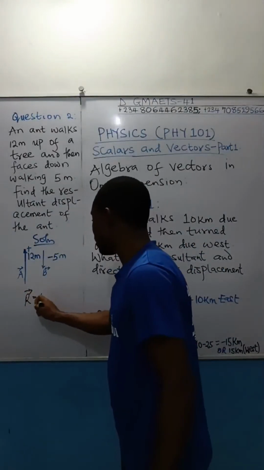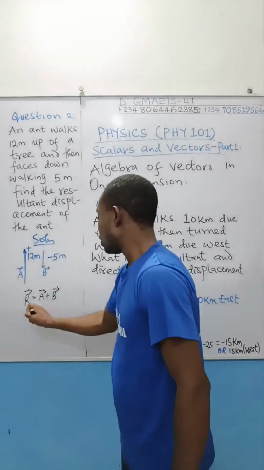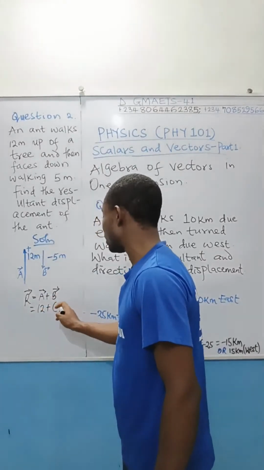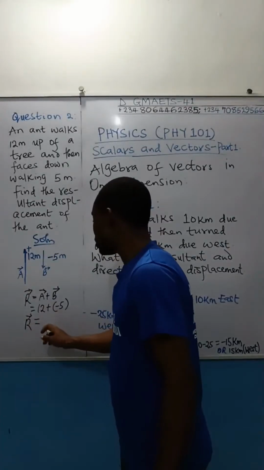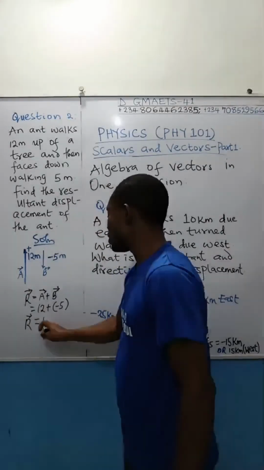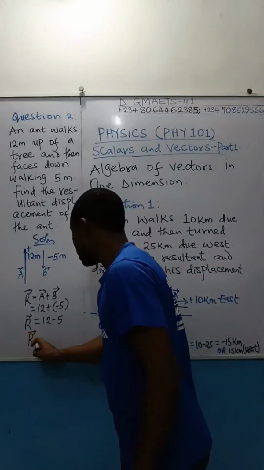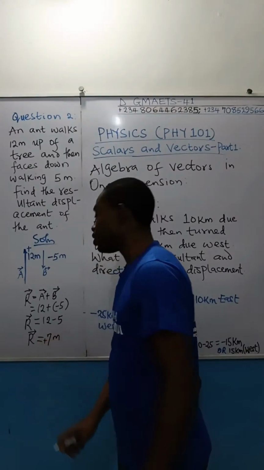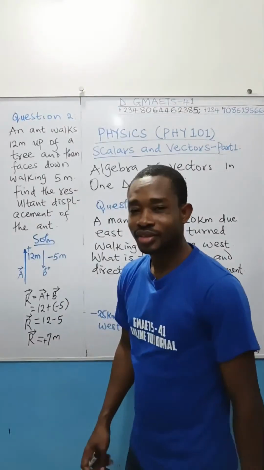Resultant in this case is going to be vector A plus vector B, which will now give us A is 12 meter plus open bracket B is minus 5. If you do that, the resultant is going to give you 12 minus this, which is 7. Okay, so the resultant displacement of the ant is 7 meter. This 7 is positive, you know that. And because it is positive, it means it is up.